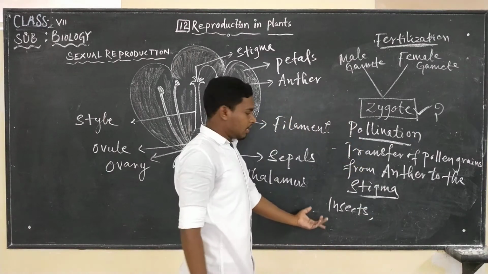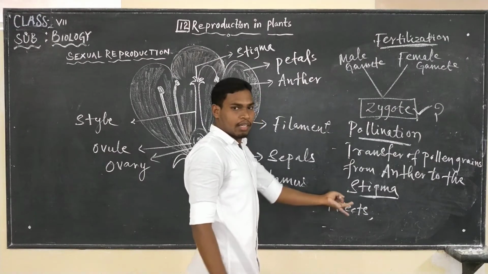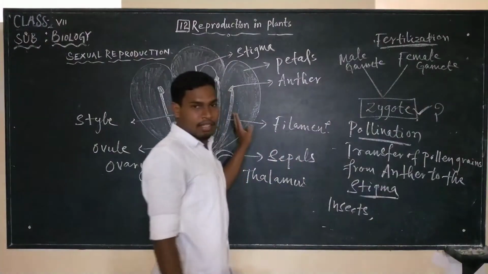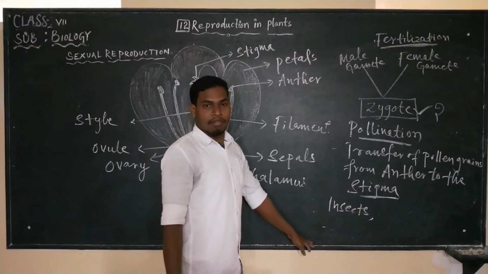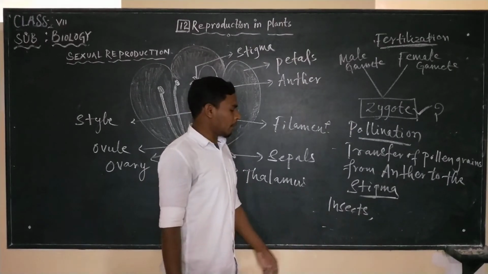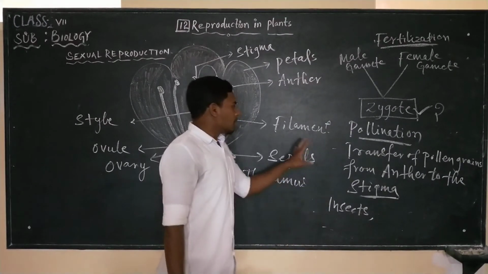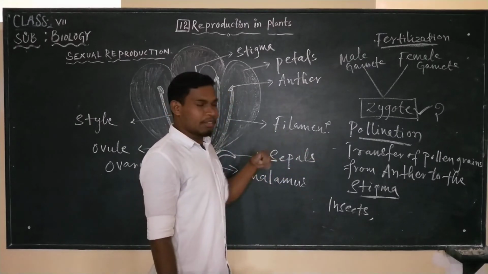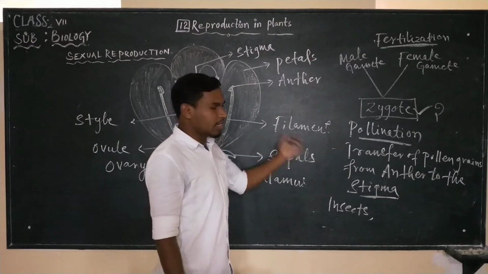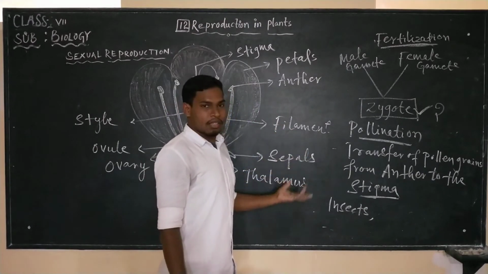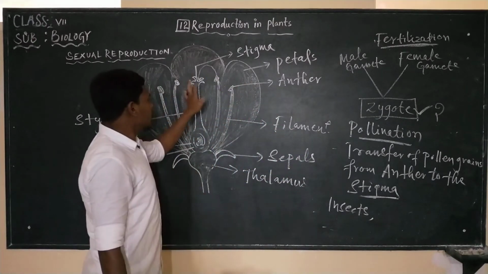By the help of insects like honeybees and butterflies, when they are collecting nectar. They collect nectar by visiting flowers to flowers. Meanwhile, what do they do? They transfer the pollen.